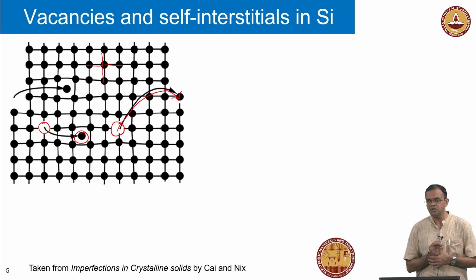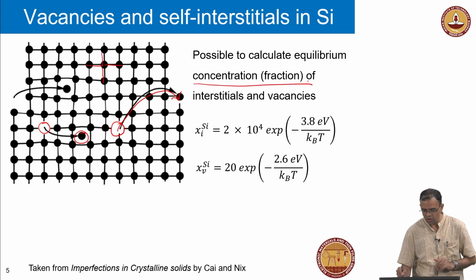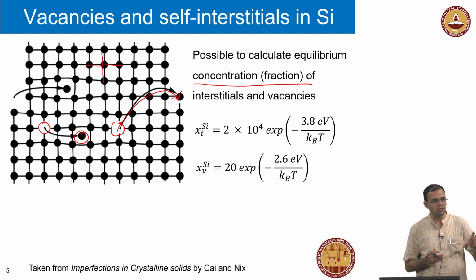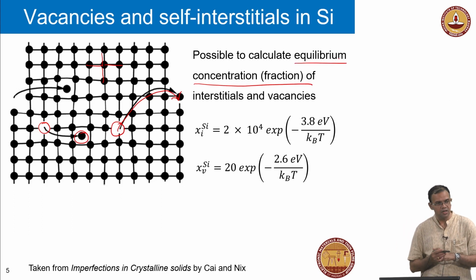The question of course we want to ask is, how easy is it to create these defects, because that is one of the most important factors that determine whether defects are formed or not. So we can actually calculate the equilibrium concentration or the fraction of these interstitials or vacancies. The important thing to note here is when we talk about interstitials, we are not introducing some other atom, it is still silicon.